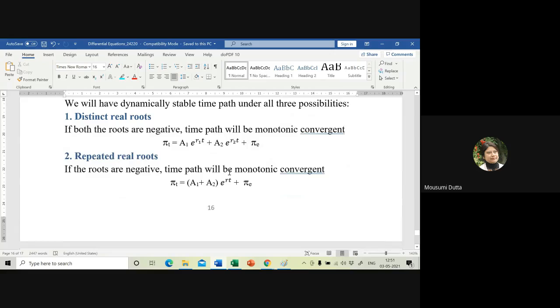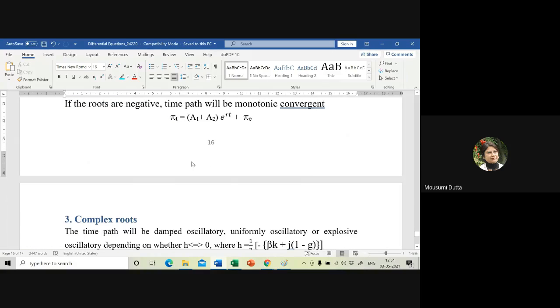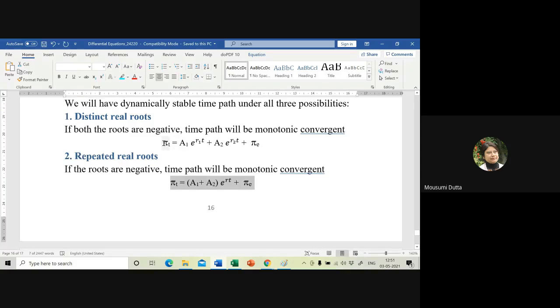So for distinct roots, you will have this. For repeated roots, I am writing the equation once again because we already added a note.